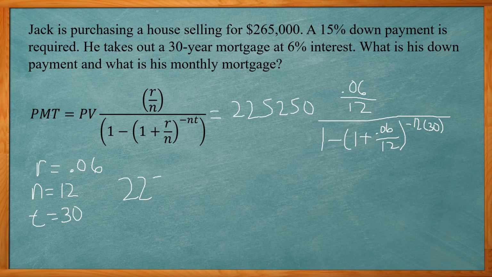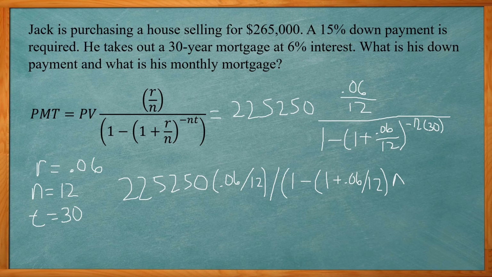You're going to put in first 225,250, then parentheses 0.06 divided by 12, divided by parenthesis 1 minus open parenthesis 1 plus 0.06 divided by 12 close parenthesis caret for the exponent parenthesis negative 12 times 30, close parenthesis and one more close parenthesis.